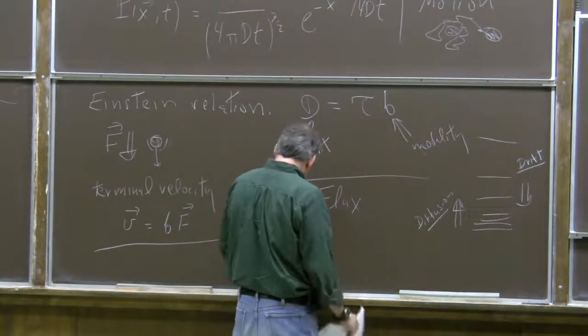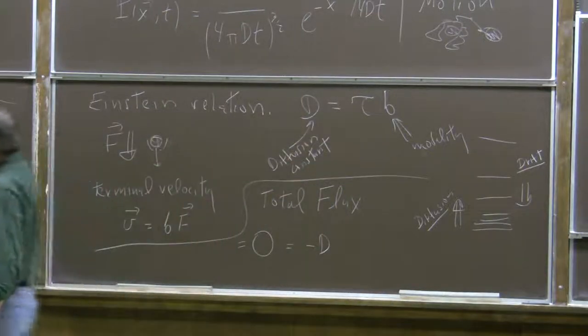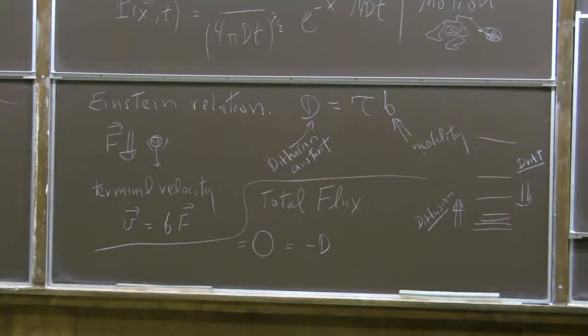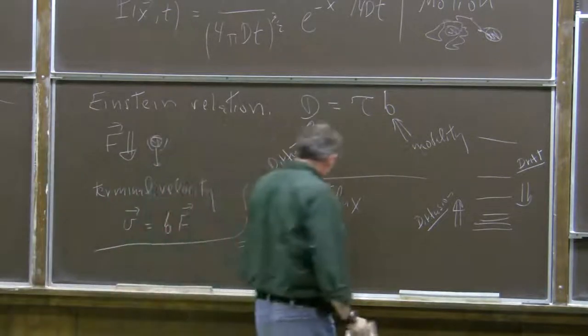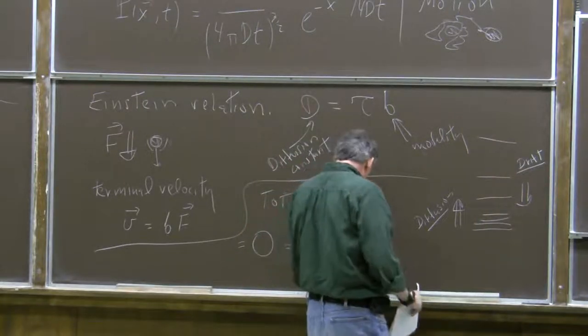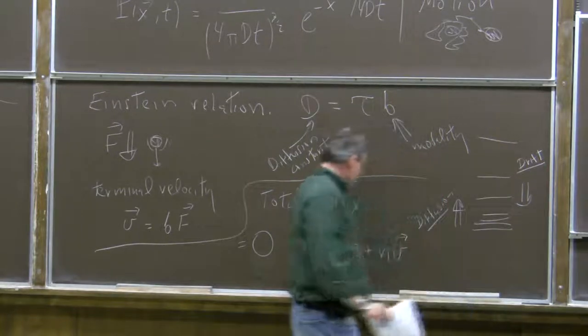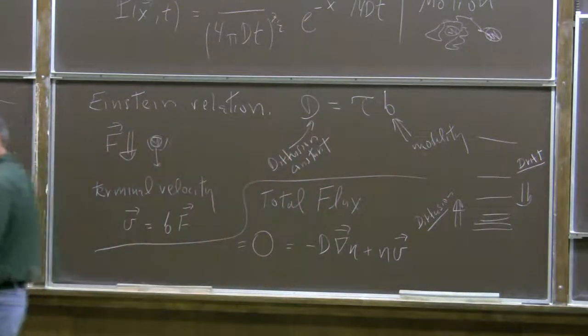There is the diffusive contribution, this law of diffusion, that there's a flux proportional to minus the gradient of concentration. And there's a contribution which is just concentration times drift velocity, which is what the flux would be if there were no diffusive contribution.